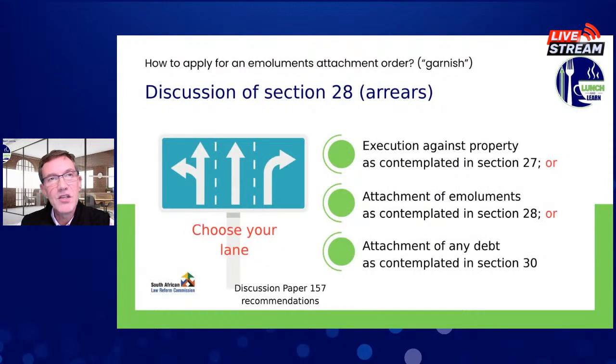Just an amplification of what we said: there's only one of the three options when it comes to arrears, not in a normal section 6 inquiry or a consent order or a normal process. We are only dealing with arrears now. Then you have to choose one of those three options, and not all three of those options could be used simultaneously.